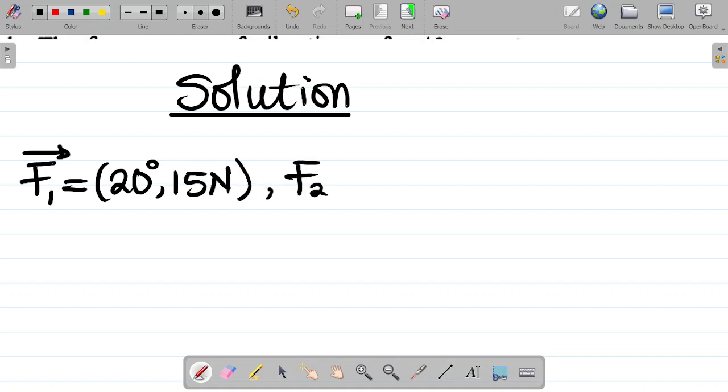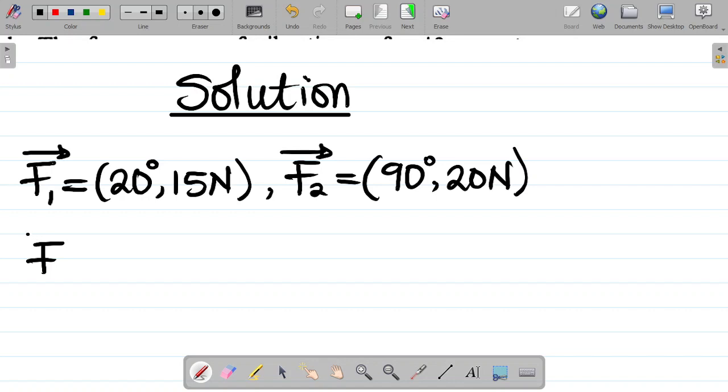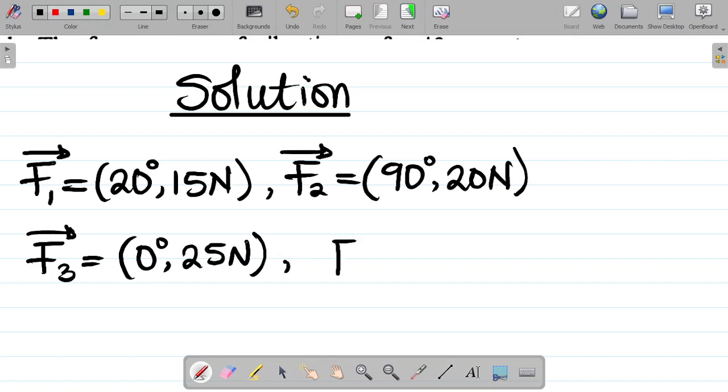F2 is equal to 90 degrees, 20 Newton. F3 is equal to 0 degrees, 25 Newton. Let's take F4.